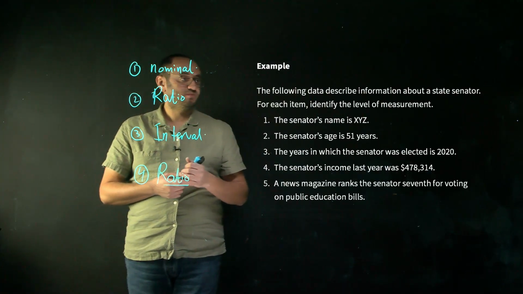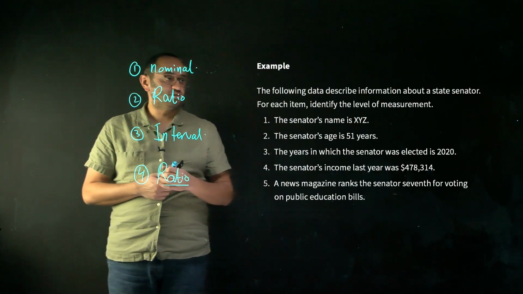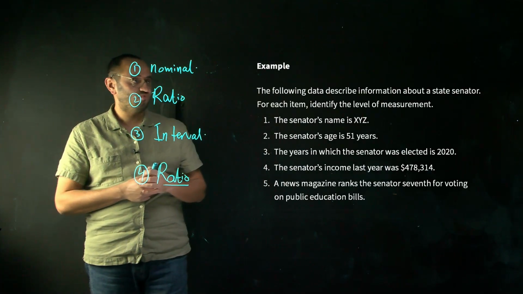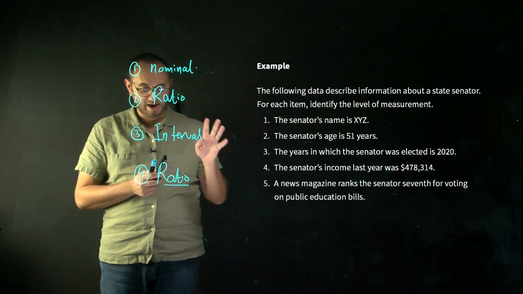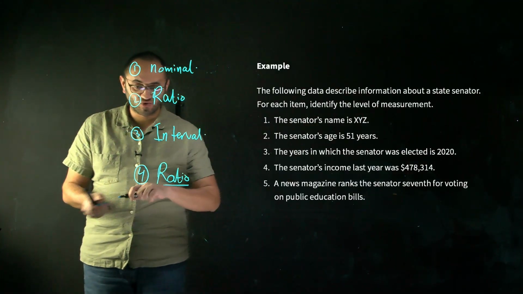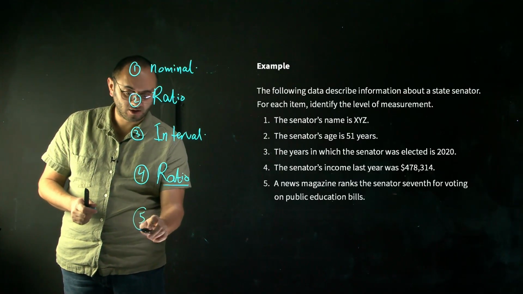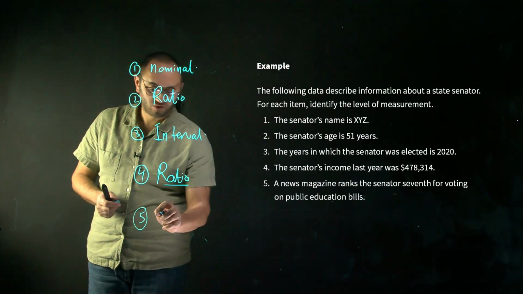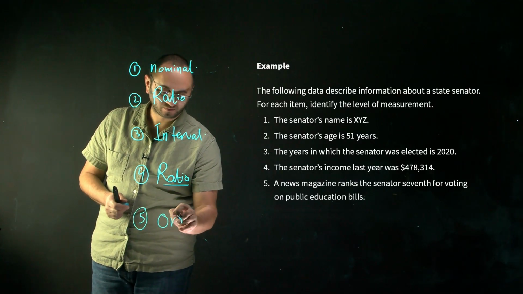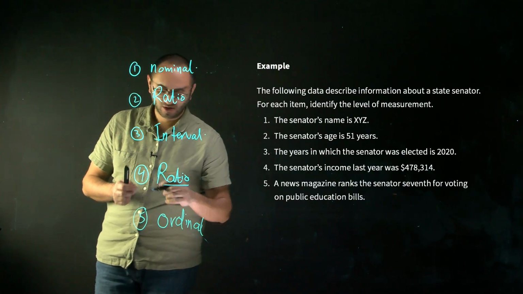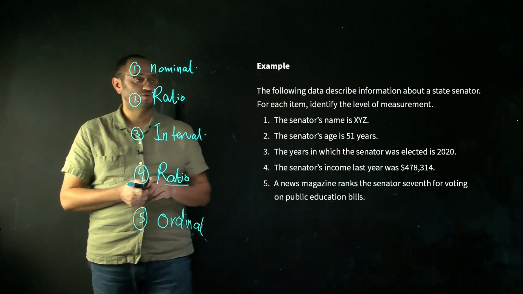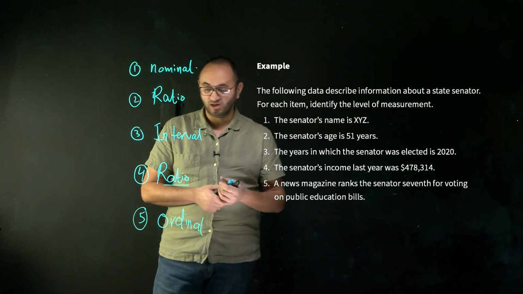The last one: a news magazine ranks the senator 7th for voting on public education bills. So the rank is 7. When we talk about rank, think about ordinal. Ordinal, because here we have a rank, right? Which means ordinal level of measurement.